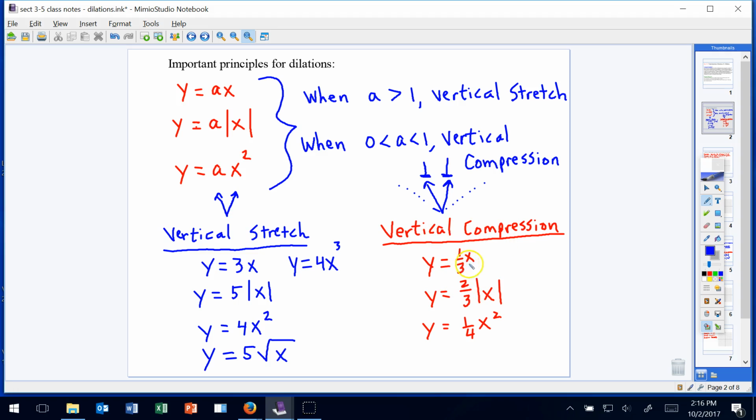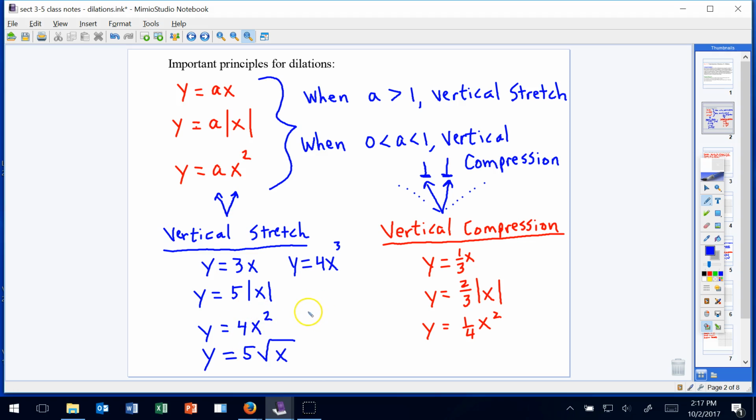And you notice the difference is when we put a number still in front, but now the number is between 0 and 1. So for the number that's greater than 1, we're going to have vertical stretch. For the number between 0 and 1, we're going to have vertical compression. So maybe it works a little bit opposite of the way you think it might.